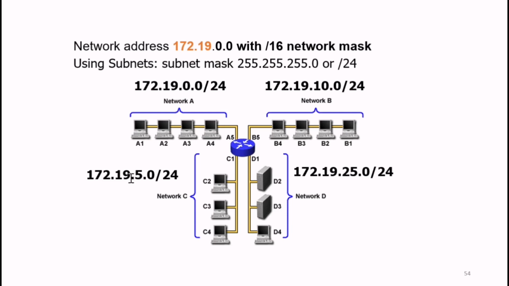If you look at this number here, 5, 25, 10, this is the subnet number that changes depending on the lab itself. So each lab has its own subnet number.